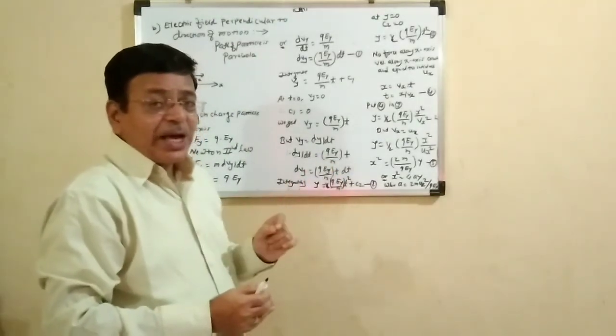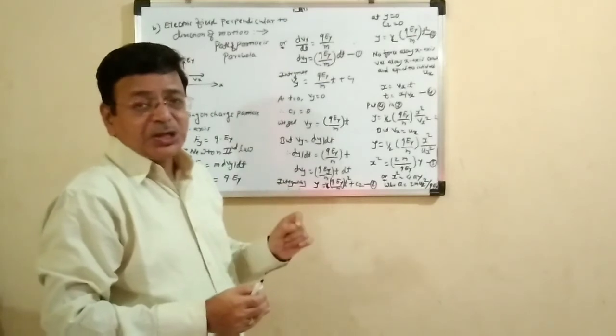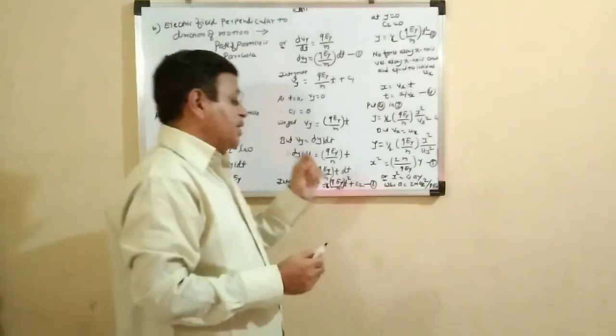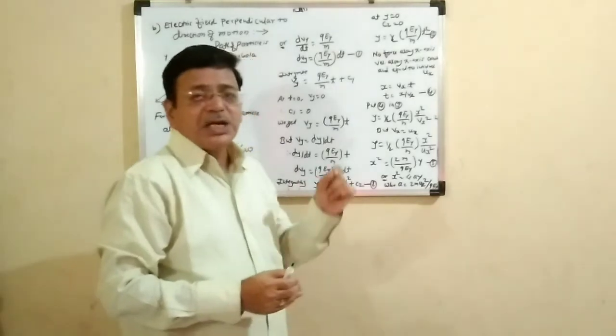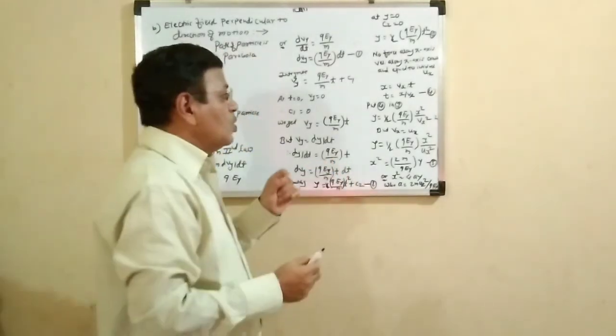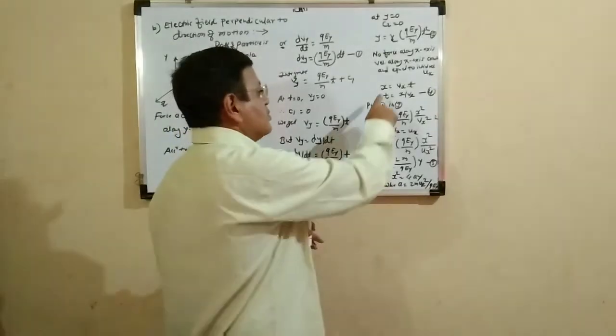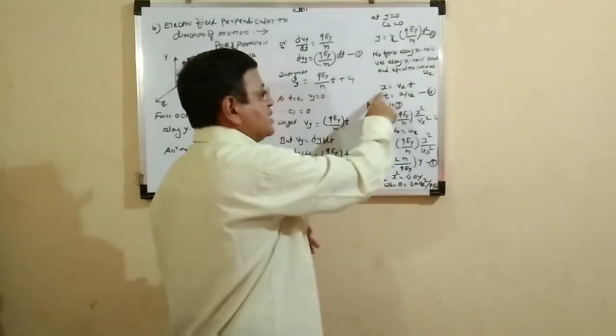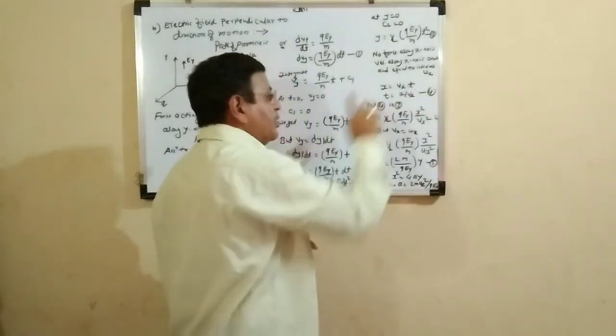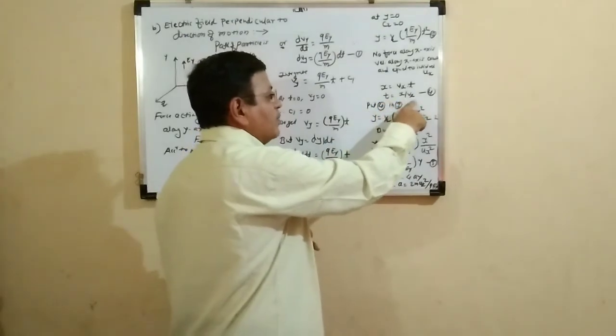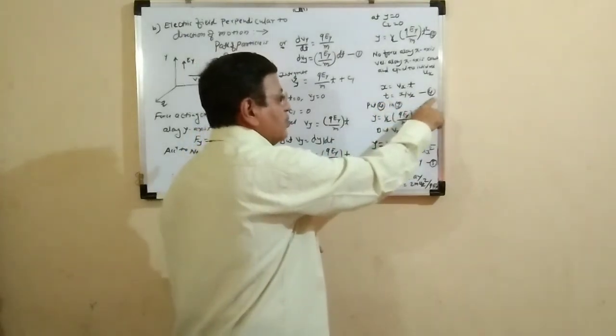According to the definition of velocity, the rate of change of displacement, or displacement upon time, we get the displacement along the x-axis x equal to vx into t. So t is equal to x upon vx. Call this equation number 4.